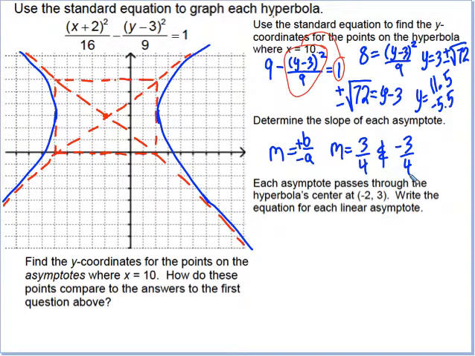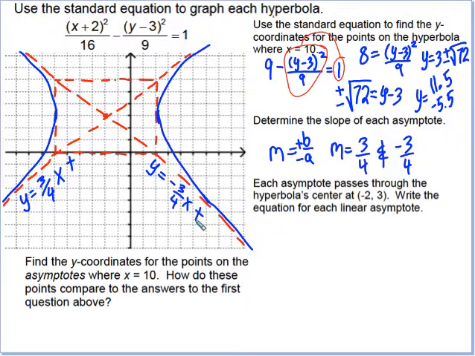Okay, for the equations, this asymptote that starts on the left and increases is going to be y equals positive 3/4, because it is increasing, times x plus your y-intercept. This equation that's decreasing is going to be y equals negative 3/4 times x plus its y-intercept.